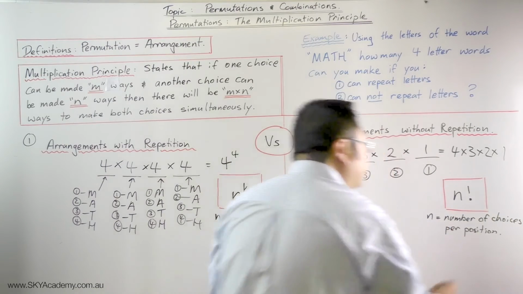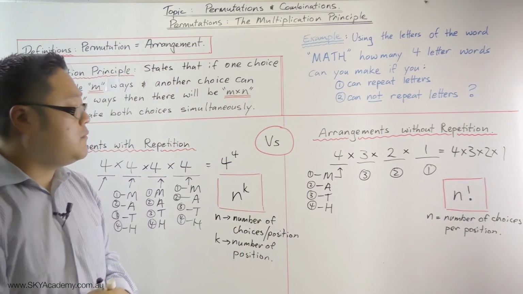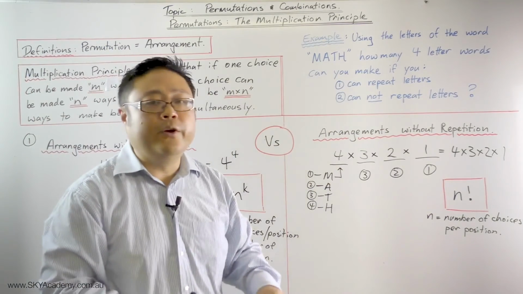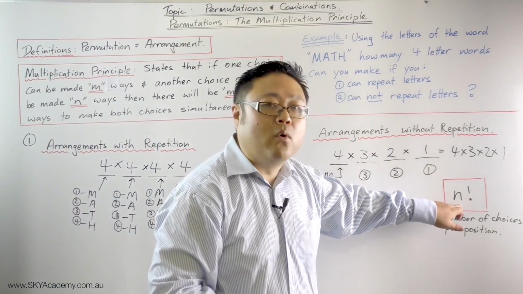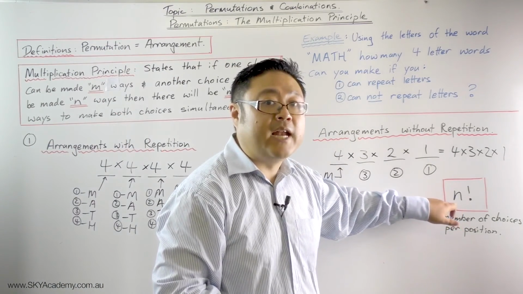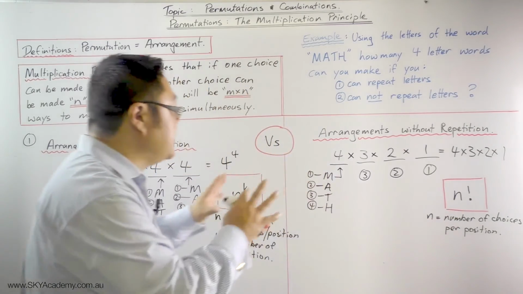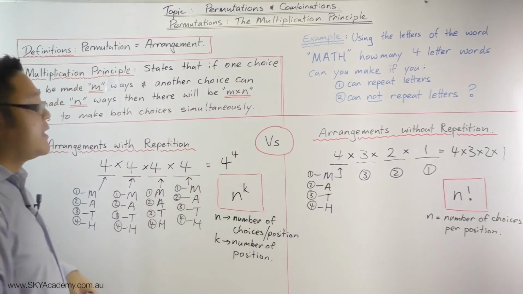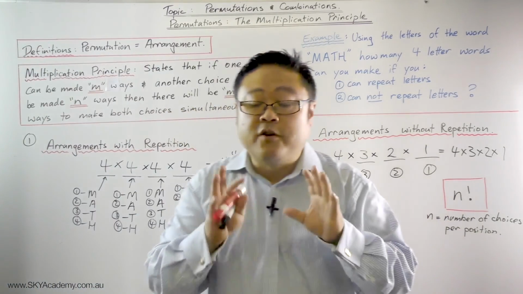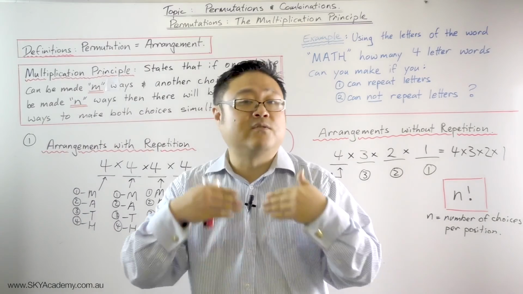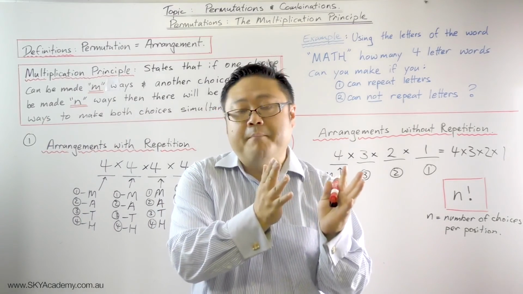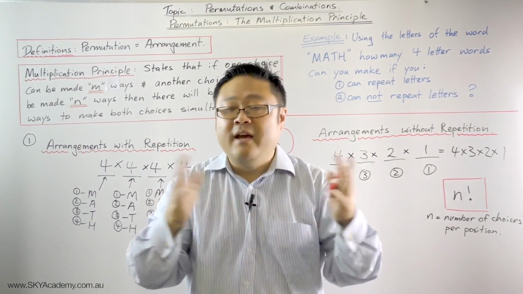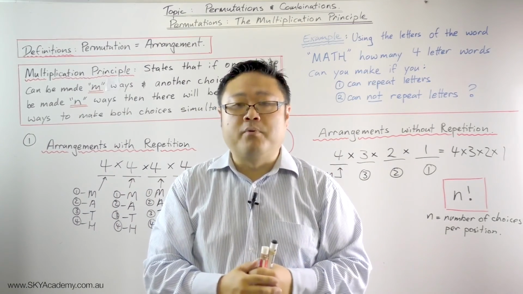Got it? Cool. All right, so in the next episode, I'm going to talk a little bit more about factorial and how it works. But basically, if you get these two things, and you get the multiplication principle, you've got enough of what you need for us to really launch into permutations and combinations and to be able to do all the problems there.